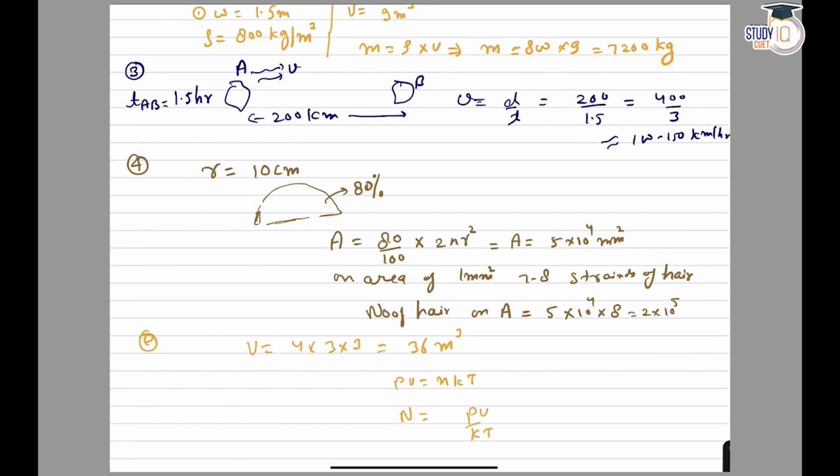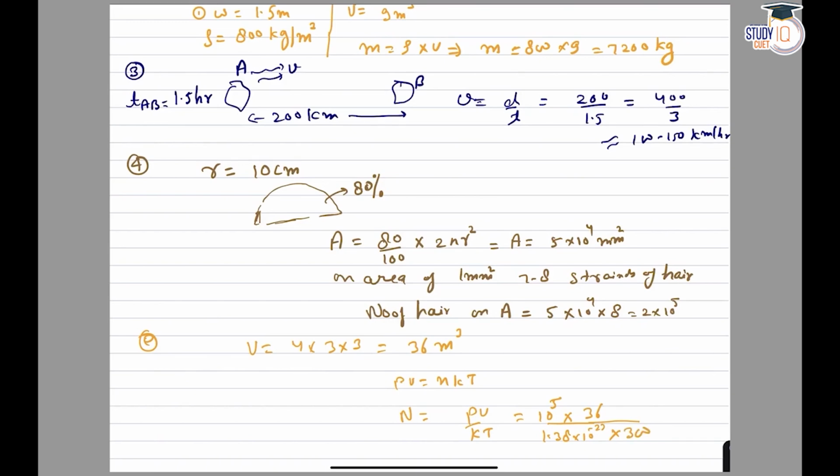So roughly the atmospheric pressure is equal to 1 atm, that is equal to 10 to the power 5 Newton per meter square, into a volume that is equal to 36 meter cube, divided by K, the Boltzmann constant, which is 1.38 into 10 to the power minus 23, and temperature that is equal to 27 degrees Celsius, or 300 Kelvin.